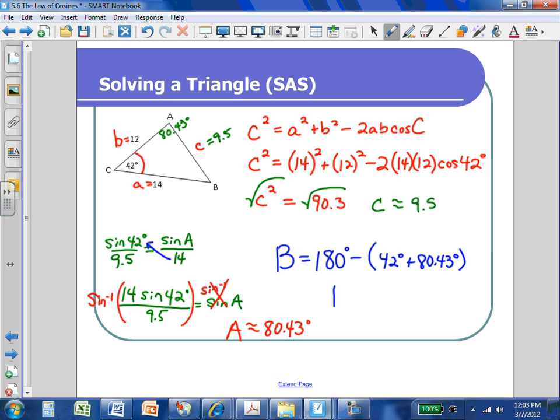And you'll find angle B comes out to be 57.57 degrees. And that's solving for the three pieces that I was missing: angle A, angle B, and side C.